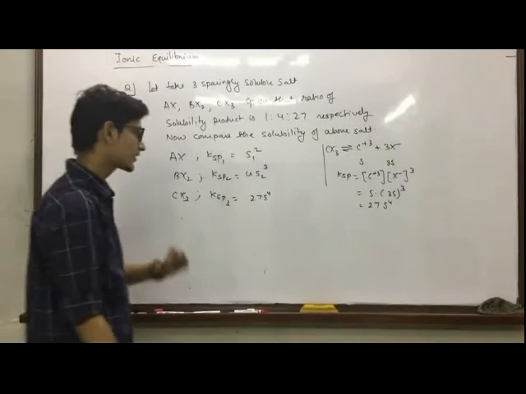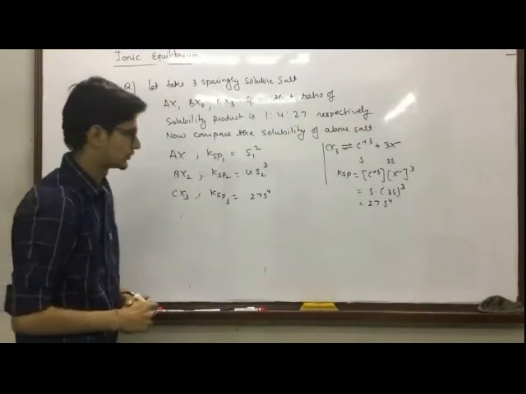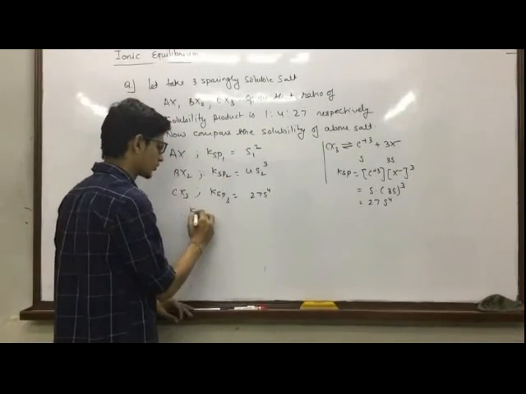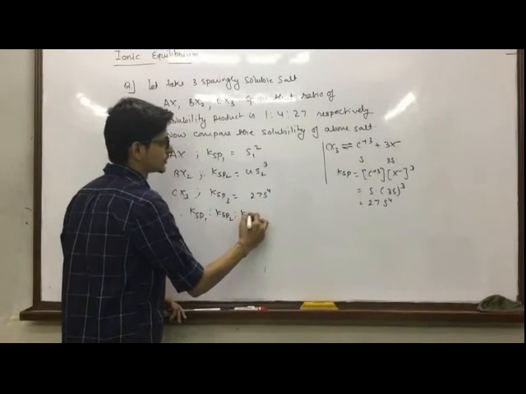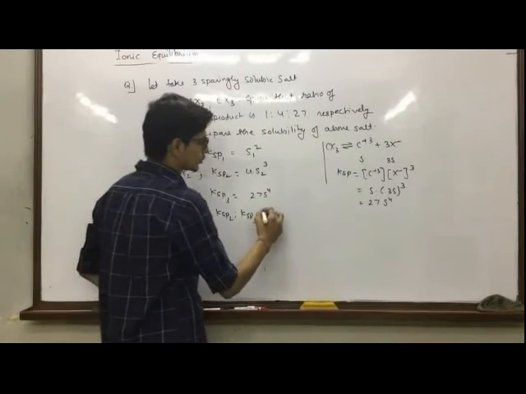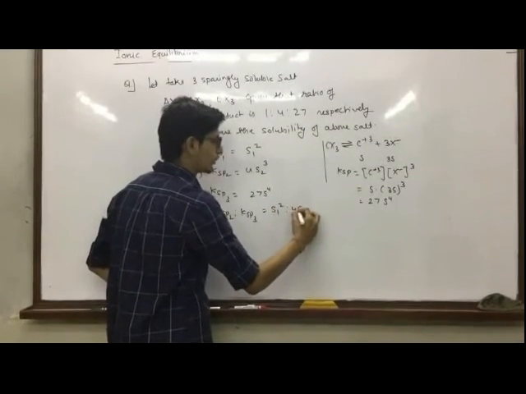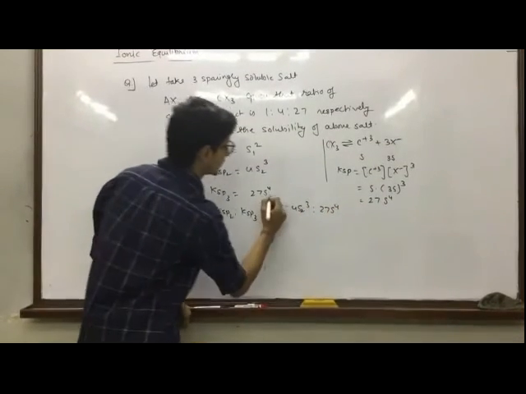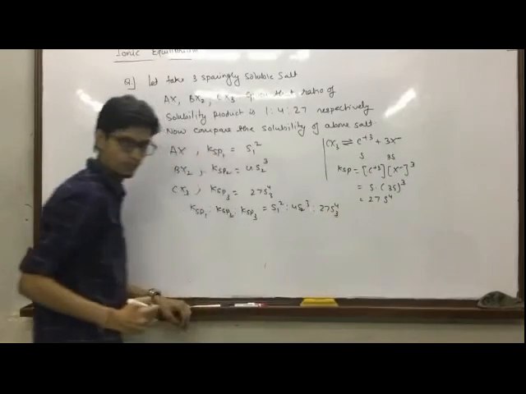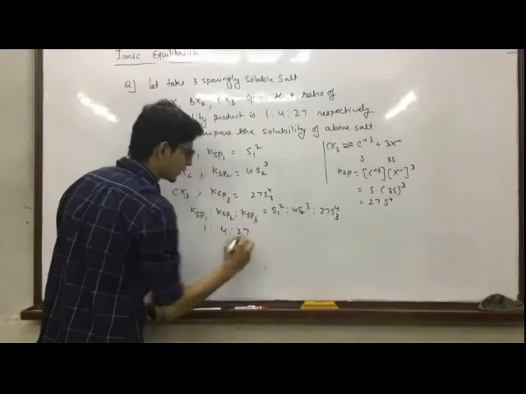Got it? Now, what is given? We have been given the ratio of Ksp1, Ksp2 and Ksp3. So let's write it in the form of a ratio. Ksp1 is to Ksp2 is to Ksp3 equals S1 squared, 4 S2 cubed and 27 S3 to the power 4. The ratios are 1:4:27.